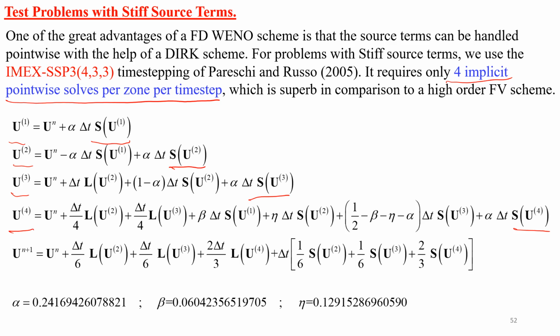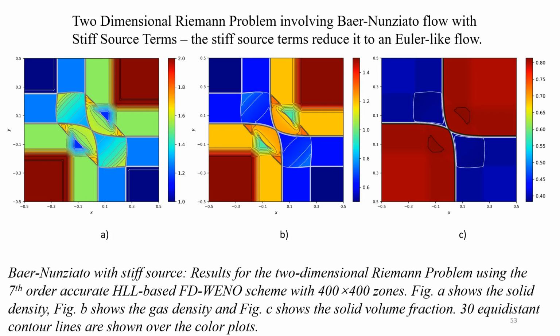So finite difference WENO schemes have a gigantic advantage over finite volume WENO schemes, or finite volume schemes of any other sort, when it comes to handling source terms, stiff source terms especially. And this is showing you a two-dimensional Riemann problem involving Baer-Nunziato flow, but the source terms have been cranked up so that they're extremely strong.